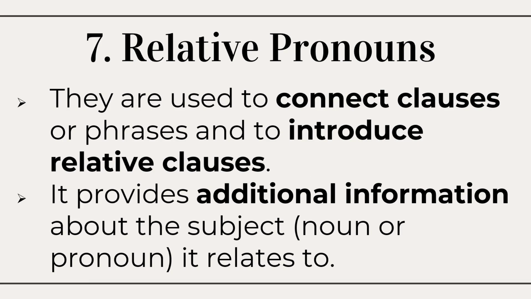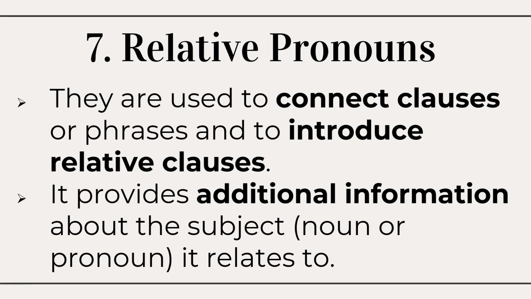We'll take a look at relative pronouns now. Relative pronouns are used to connect clauses or phrases and to introduce relative clauses. Now, clauses are different parts of the sentences, and a relative clause is the part that offers you additional information.